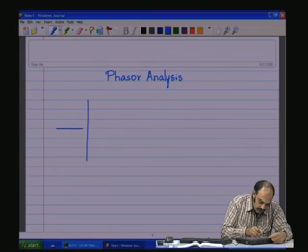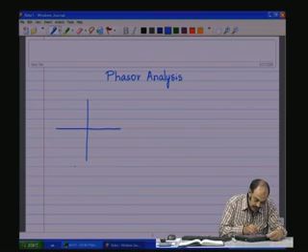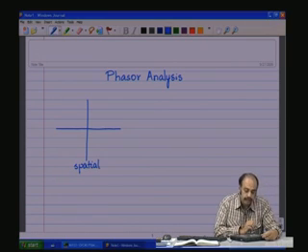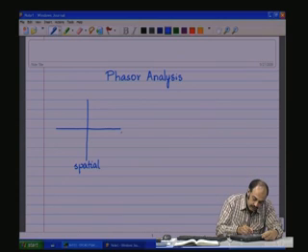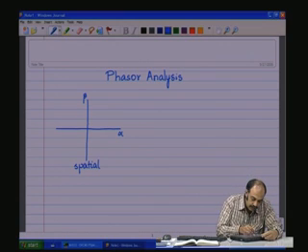So, let me draw two axes. Now, let us say this is a spatial coordinate system. We will call this the alpha axis and the beta axis. The alpha and the beta axis are always orthogonal, which means 90 degrees.